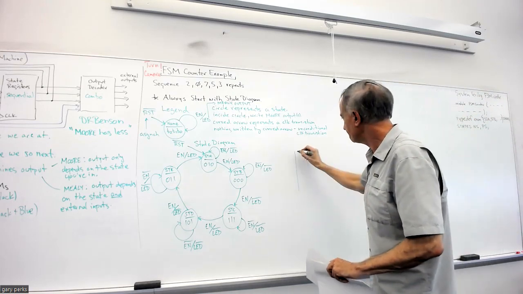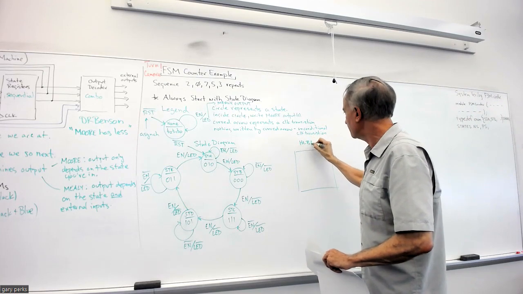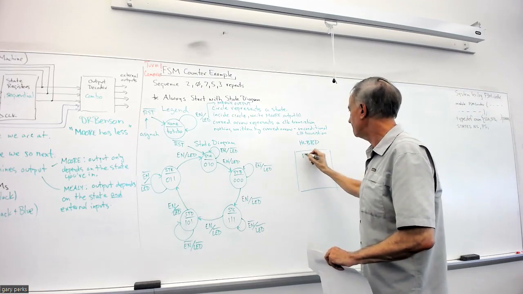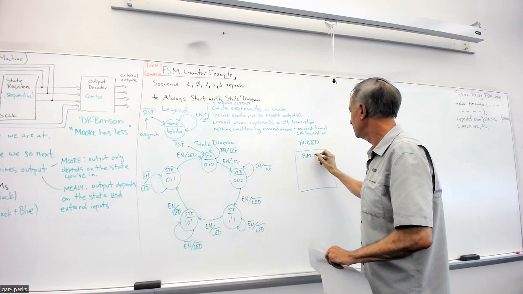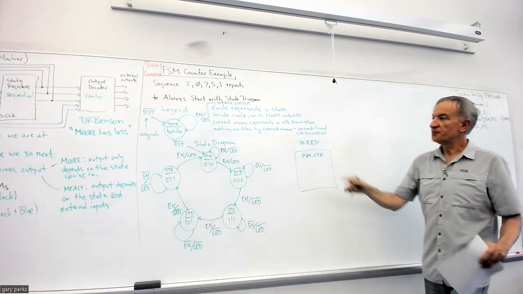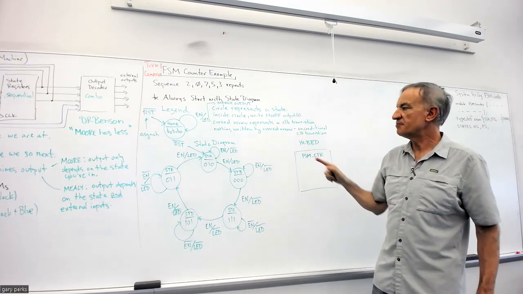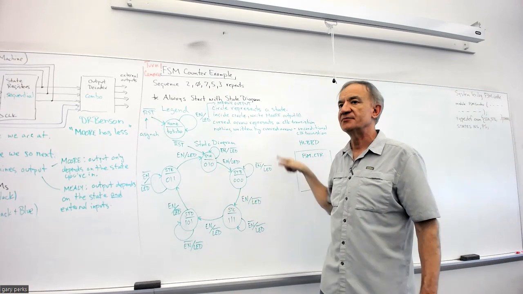Let's come up with the high-level black box diagram for this FSM counter. All you have to do to come up with the inputs and outputs for this FSM is look at your state diagram, right?